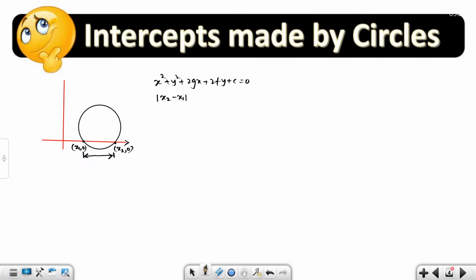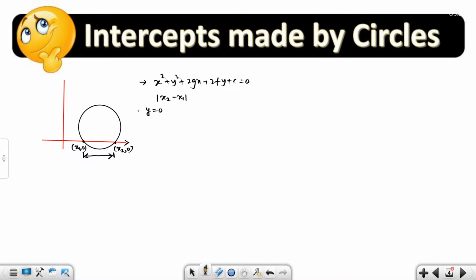Right? So to find this, we should know the points. For that, we have to solve the equation of this circle and the x-axis. Equation of x-axis is y equals to 0.